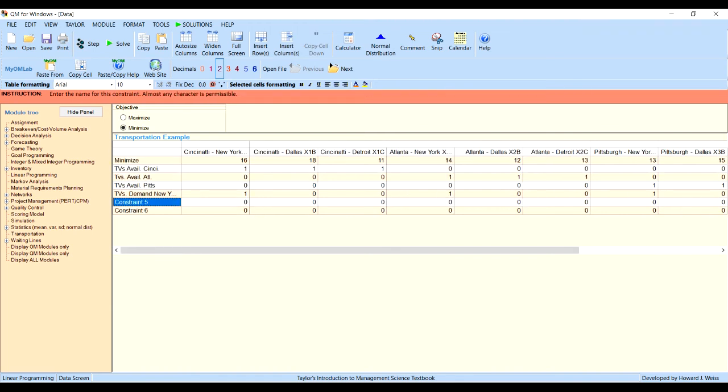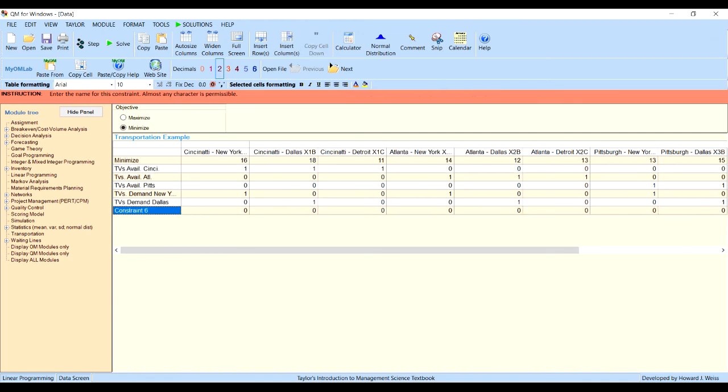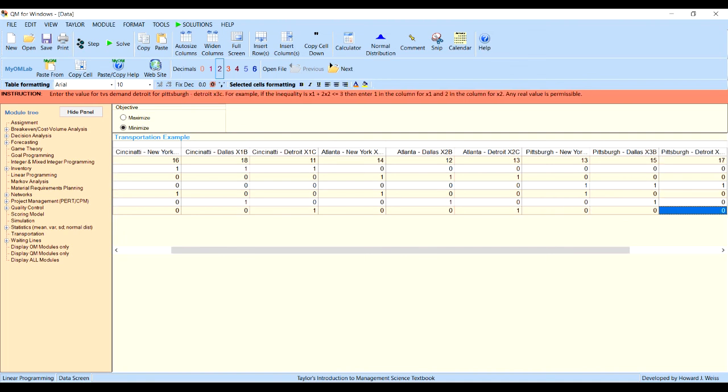We repeat again, TVs demand Dallas. And here we have Cincinnati to Dallas, Atlanta to Dallas, and Pittsburgh to Dallas must equal 250. Finally, TVs demand in Detroit, so Cincinnati to Detroit, Atlanta to Detroit, and Pittsburgh to Detroit.